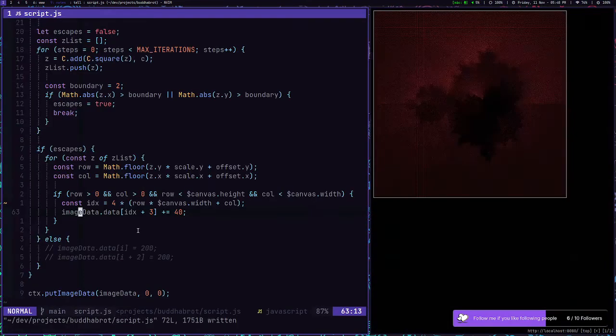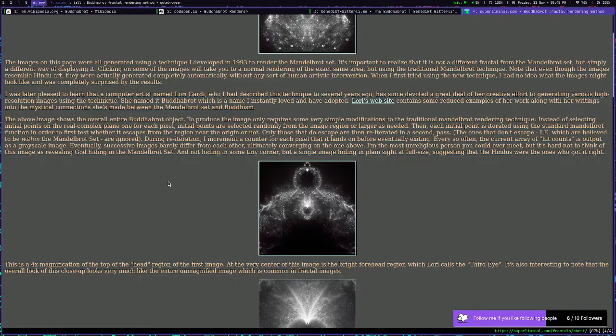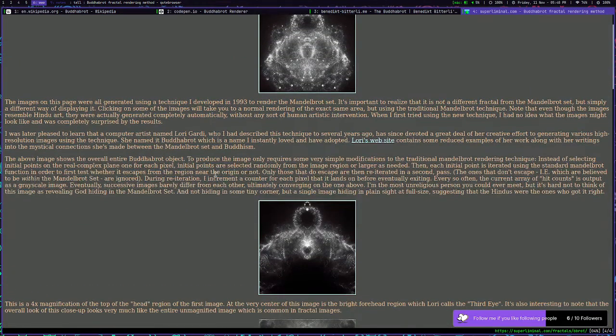Let's go back to our reference here. I feel like we've followed this bit, but minus the random sampling. Instead, we are just doing it for all the pixels in the canvas, which I feel like should be fine for the most part. But it does mention here that these different random samples that we get layer on top of each other.